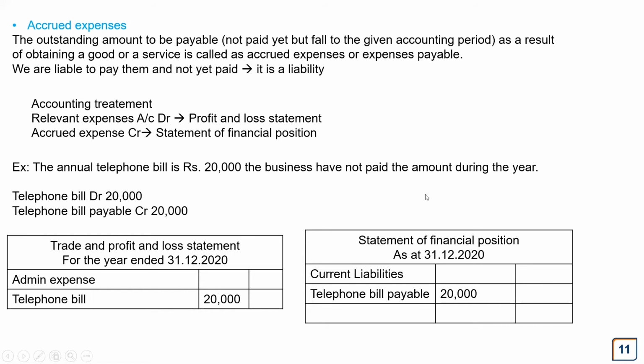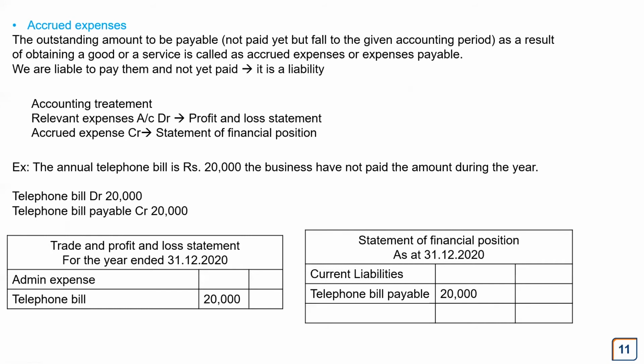So we have to debit the expense account and create an accrued expense account. That's why I called it a liability. The relevant expense account will be going to the profit and loss statement, and the accrued expense account will be going to the statement of financial position.